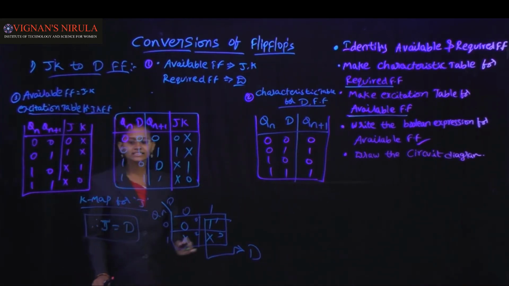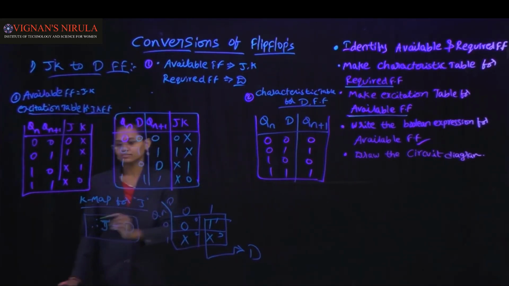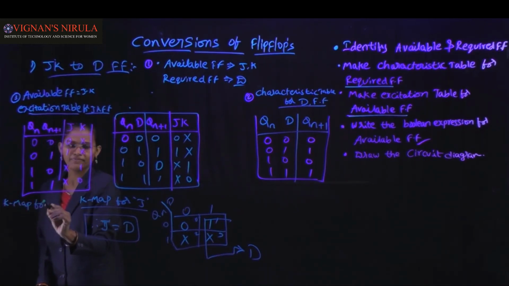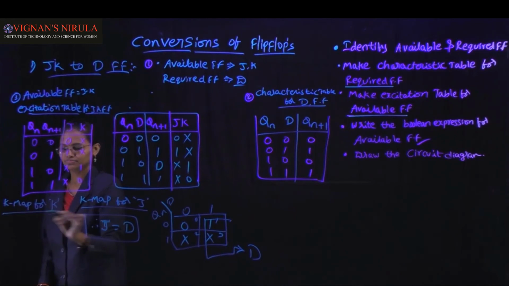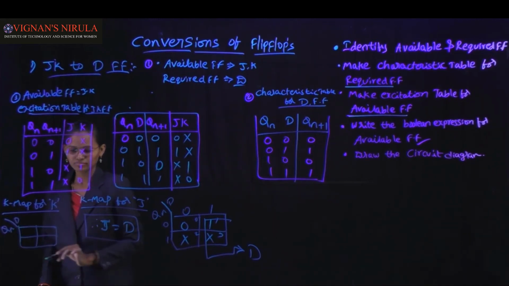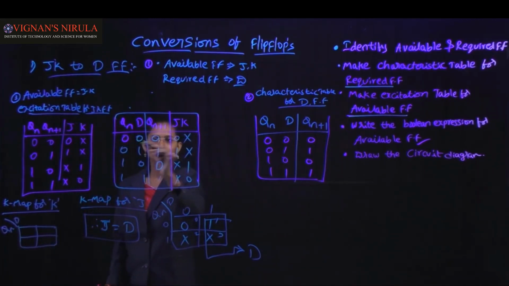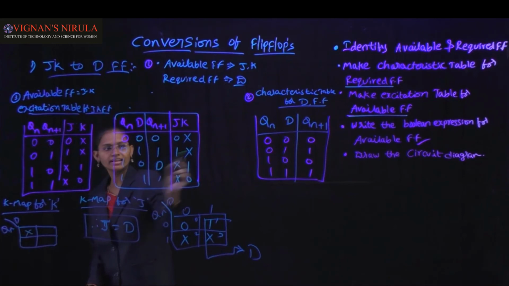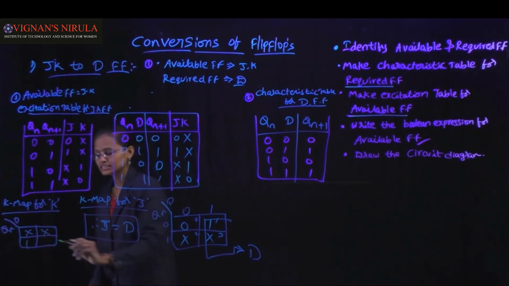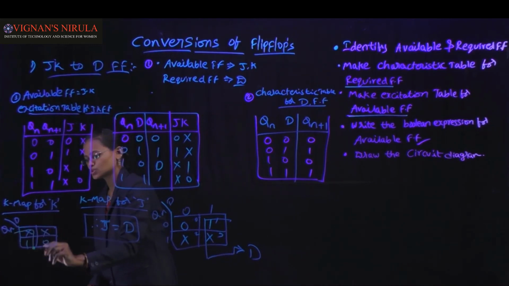Okay, and next K map for K. In K, 2 inputs Q and D, 4 cells K map. Here 0 cell is X, 1 cell is X, 2 is 1 and 3 is 0. Here the grouping is these two.